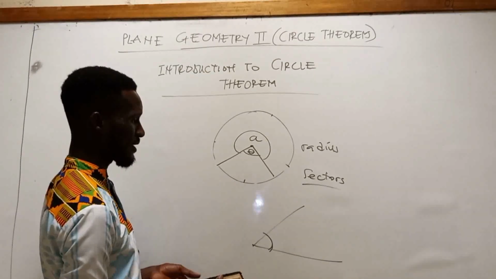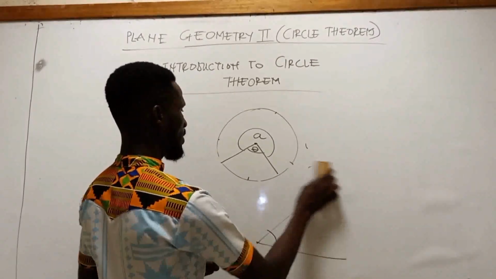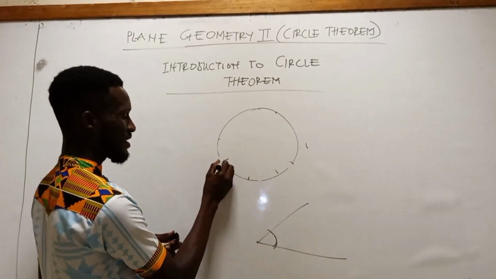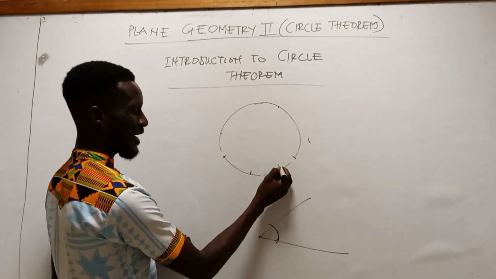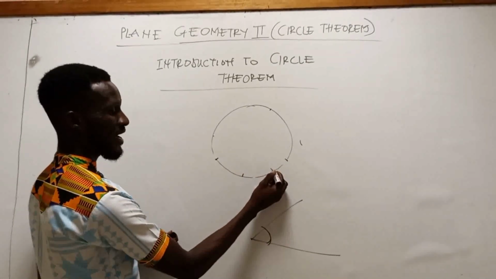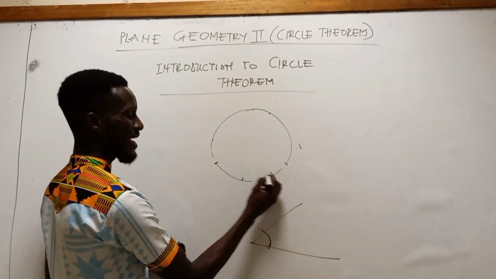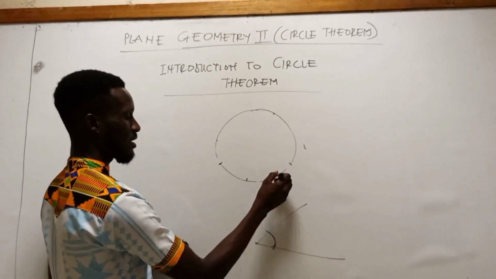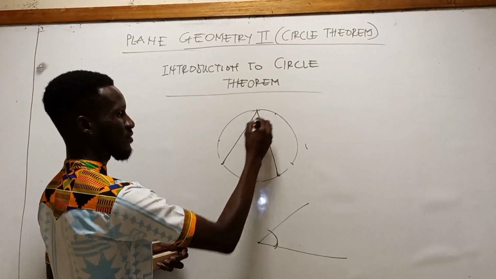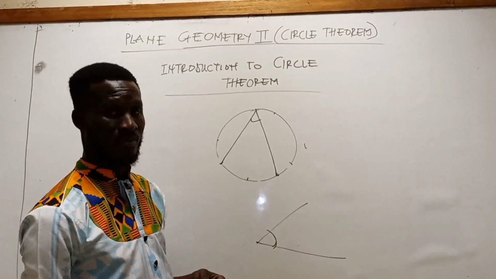Now, what again? The same radius can also form an angle at the circumference of a circle. So if this one is a chord, I can either draw the line segment or I can use it like that. If I have the ends of the chord like this, one can come here, this one can come here. An angle is formed here. Angles are formed when two straight lines meet.